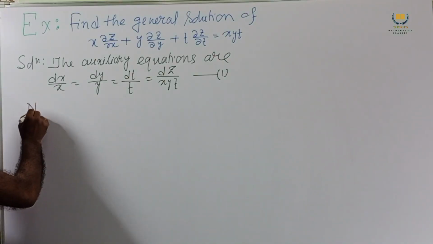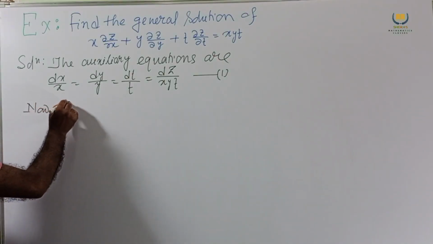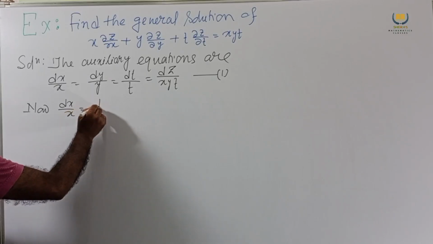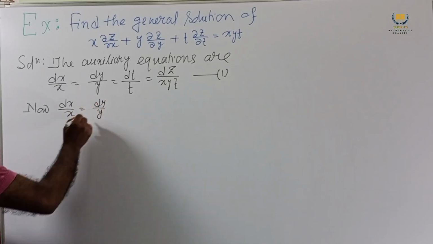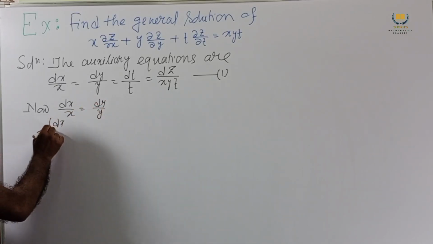First we consider the first pair, dx/x = dy/y. We integrate this.